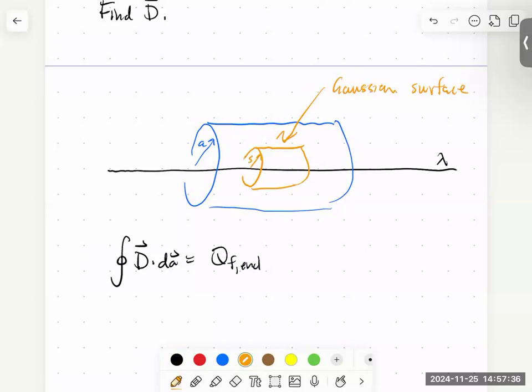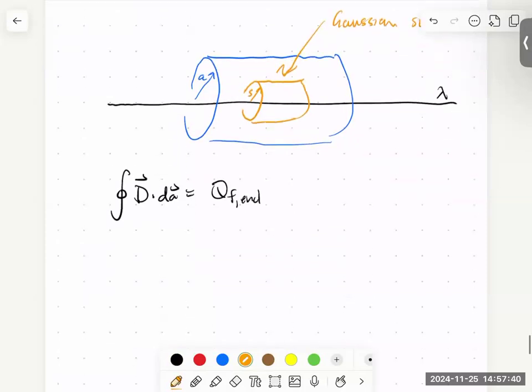And so we'll say that is radius S. And well, if our Gaussian surface has length L, how much charge is inside our Gaussian surface of length L if our wire has charge per unit length lambda? Yeah, it's just lambda L. That's all. So this is just equal to lambda L.